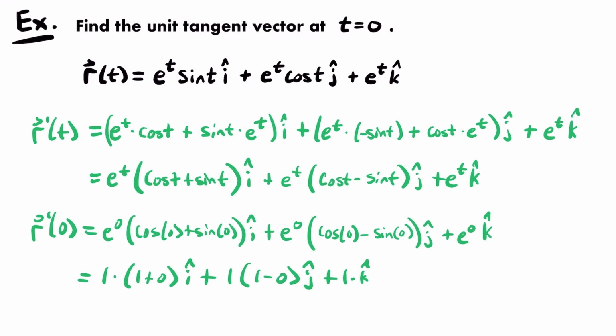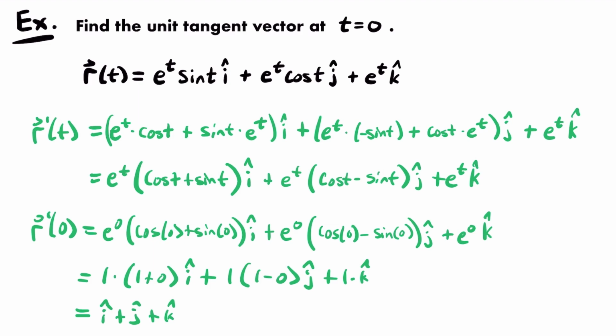All right, all three of these components are just 1. 1 plus 0 is 1, times 1 is 1, so we have 1 times i, and then 1 minus 0 is 1, times 1 is 1, times j is just j, and then we already have 1 times k. So our resulting vector here is just i plus j plus k. That is our tangent vector for this vector function at t equals 0.